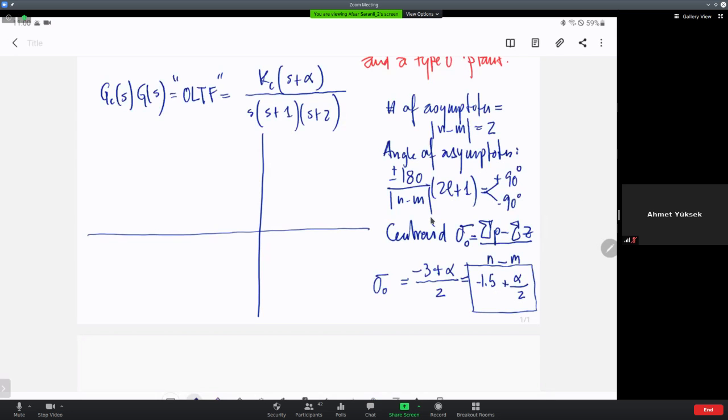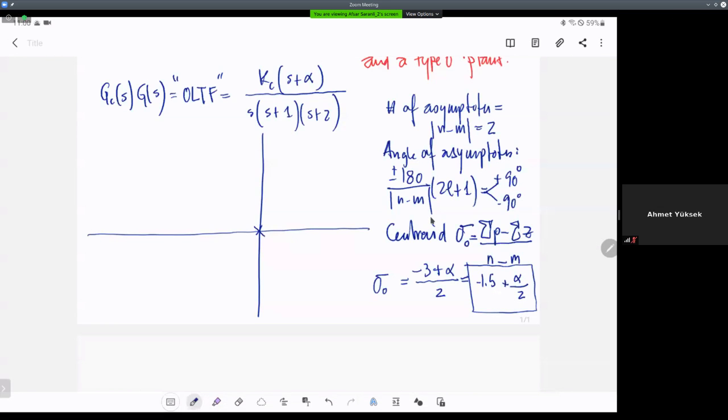Okay. So our open loop poles are at the origin, at minus 1, at minus 2, and let's say that we place our zero, minus alpha, over here.